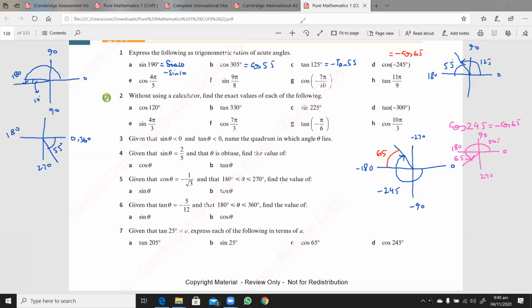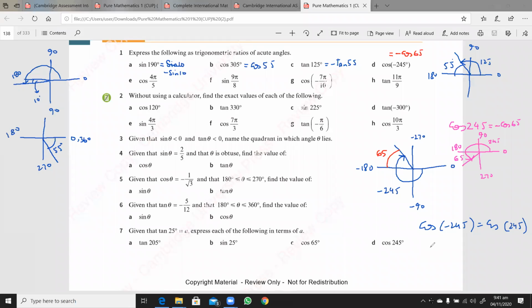Okay, now please note it down. A very important thing that some of you might not grasp. Look at this: cos minus 245 is the same as cos 245.